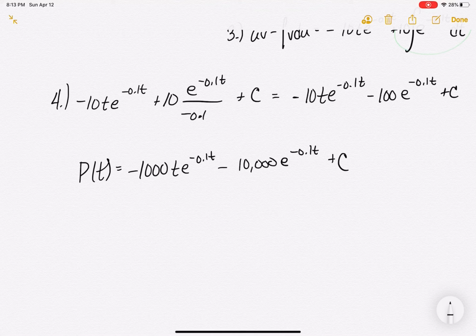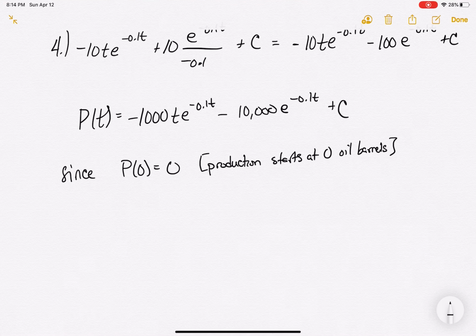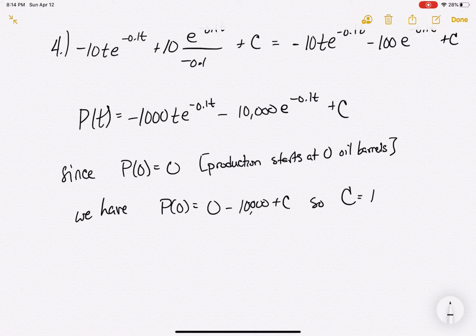Right. So since P of 0 is 0, production starts at 0 oil barrels, then we find P of 0 equals 0 minus 10,000 plus C, so C equals 10,000.